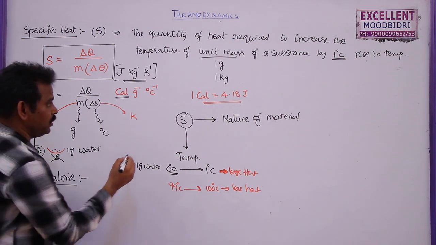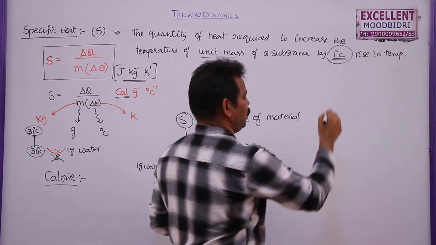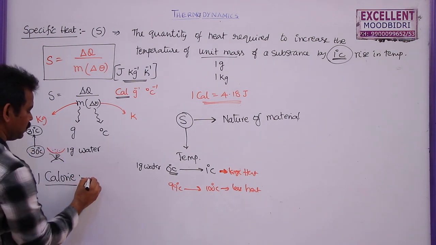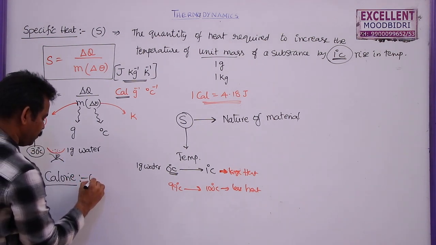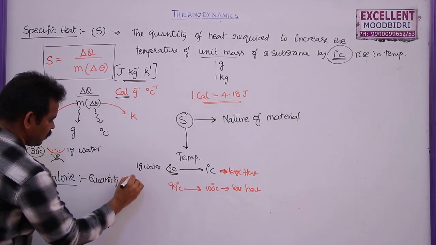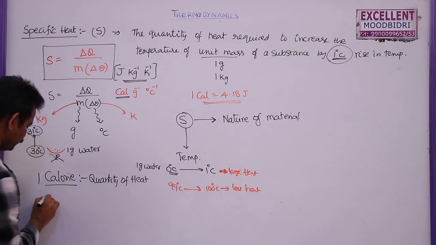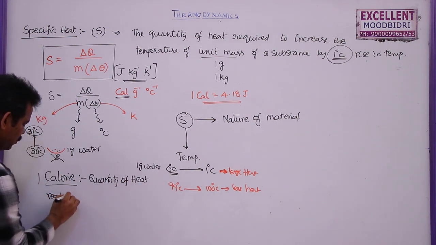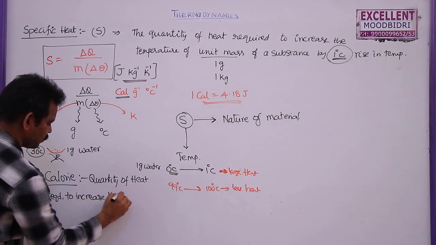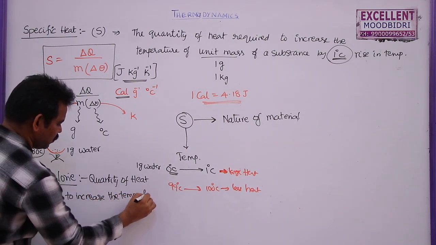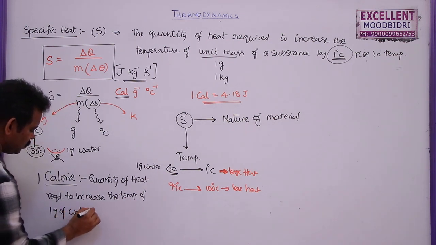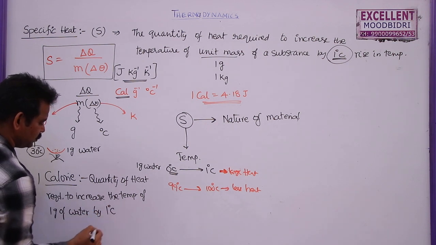That's why this 1 degree centigrade may be any difference, but the exact definition of calorie is given as the quantity of heat required to increase the temperature of 1 gram of water by 1 degree centigrade.